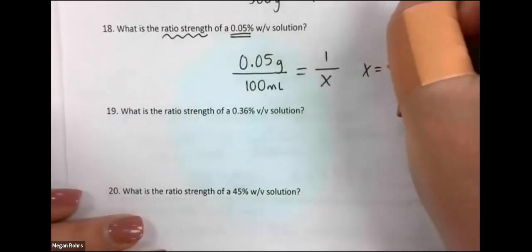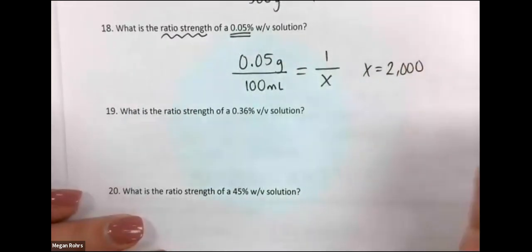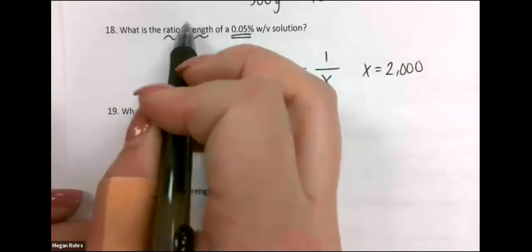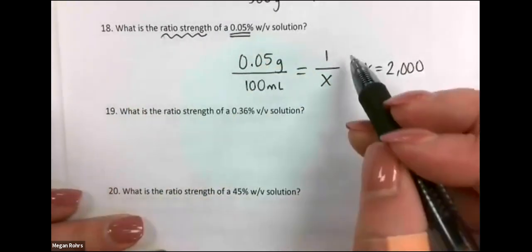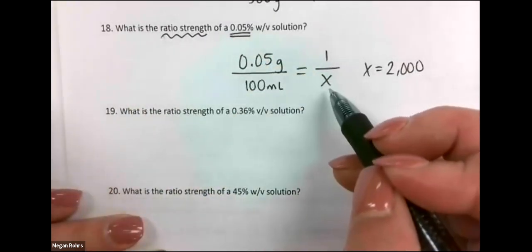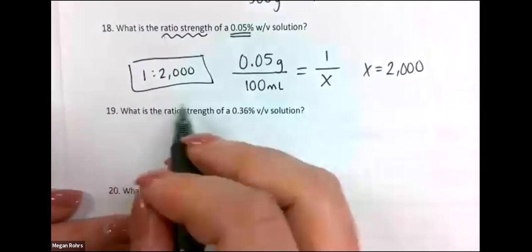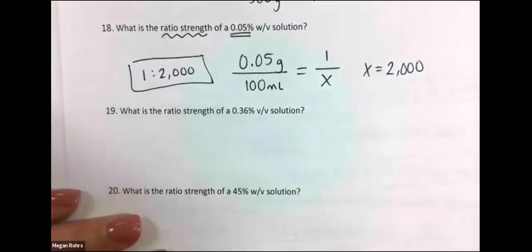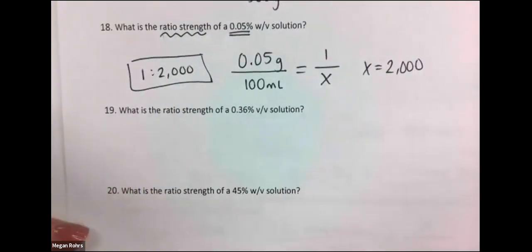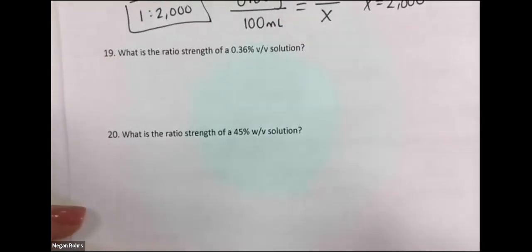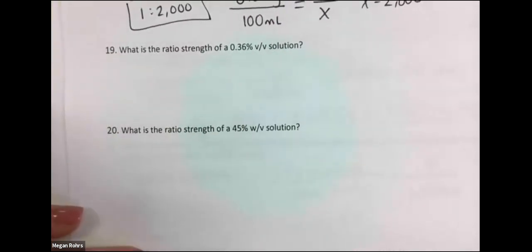So X is 2,000. Remember, they want the final answer in ratio form. That's the second part of my ratio. So it is 1 to 2,000. All right, so go ahead and do number 19 and 20 on your own. You should be able to do those based on the one that we just did here.